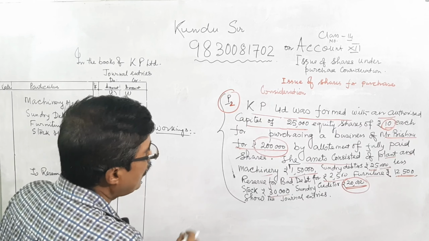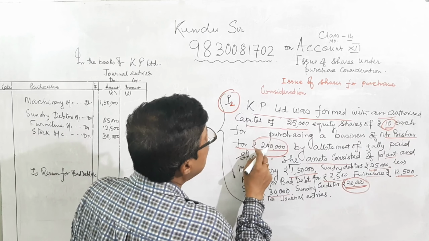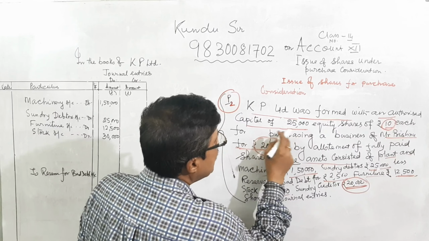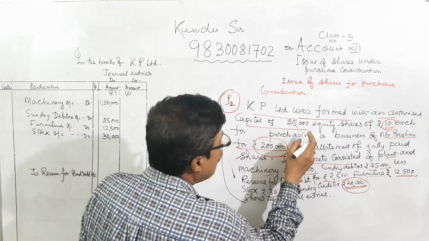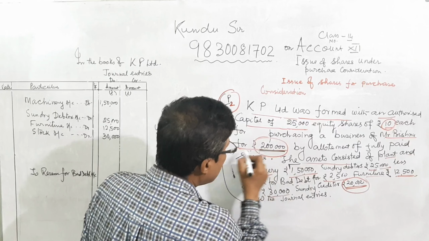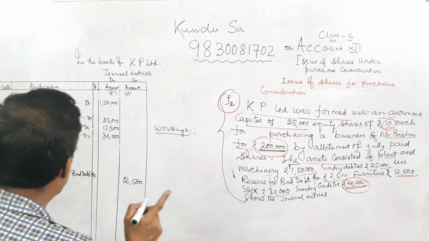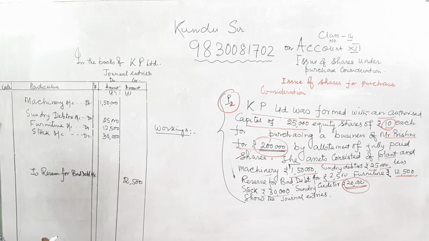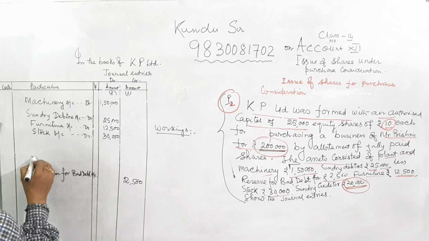Now, we are giving shares by the company, that is 25,000 equity shares, that means 2.5 lakh, but they are giving 2 lakh to Mr. Vishnu. Then we can write here to Vishnu.